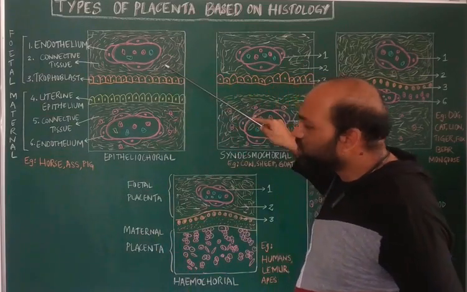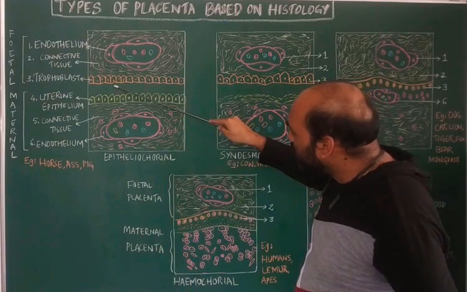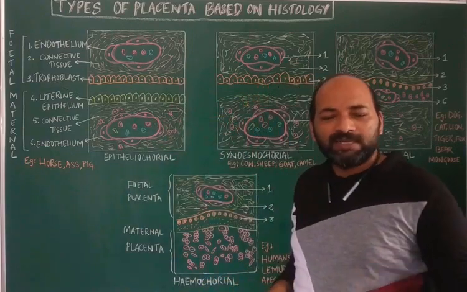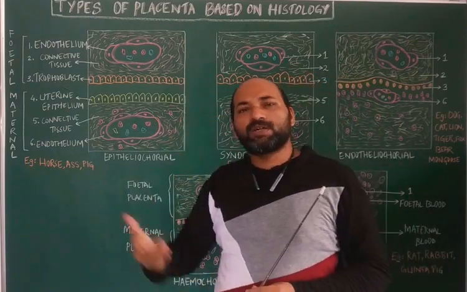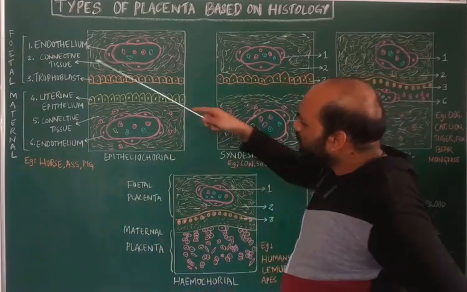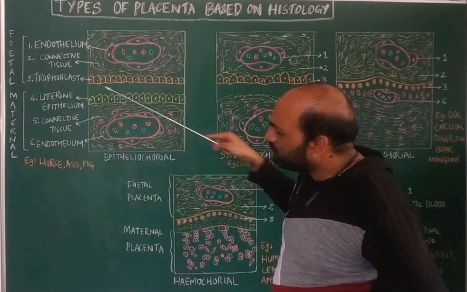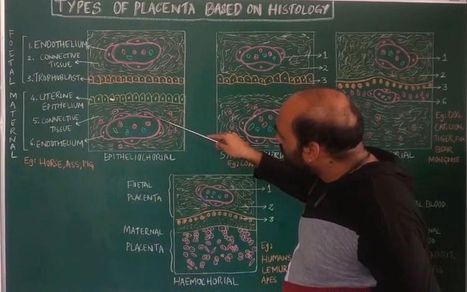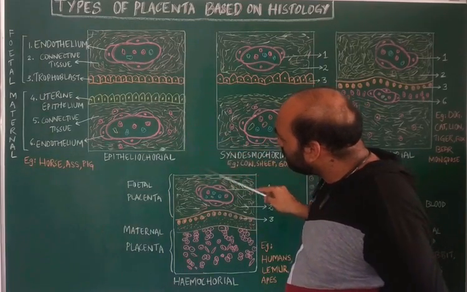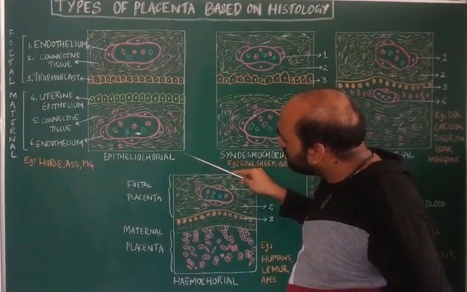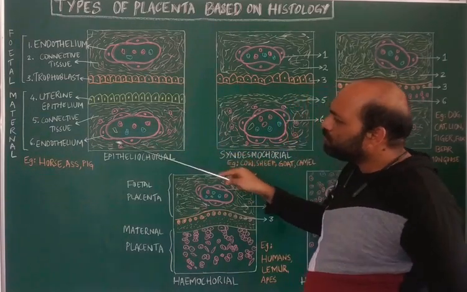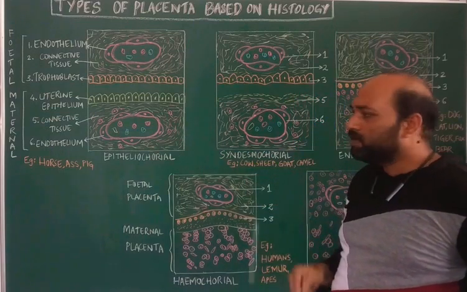Surrounding that is the connective tissue, and this orange colored layer I have marked is the trophoblast, which in future gives rise to the extra embryonic membrane called chorion. In the maternal part of the placenta we find the uterine epithelium, below that the connective tissue, and inside the connective tissue the endothelium, that is the blood vessel of the mother.